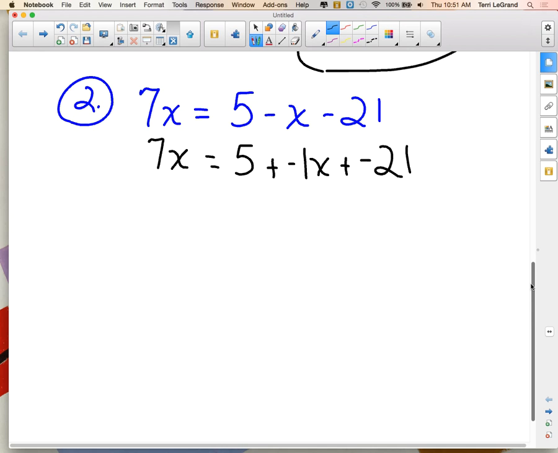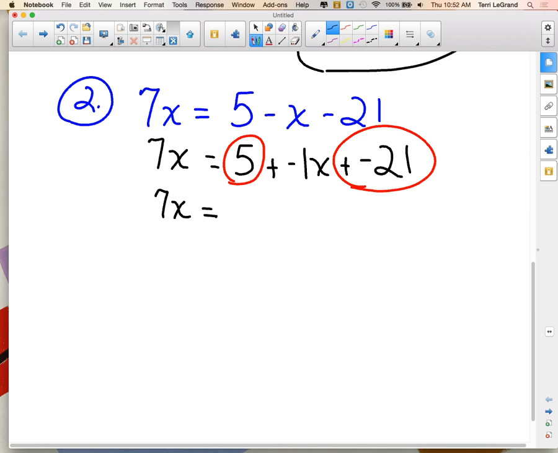I'm looking at this long side over here and I'm saying, it's long, there must be something I can do with it. Oh, put the 5 and 21 together. Yeah, I can put the 5 and the negative 21 together because they are like terms. They are both, what's that name for them? Constants.